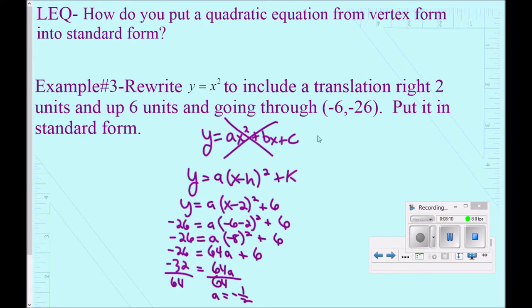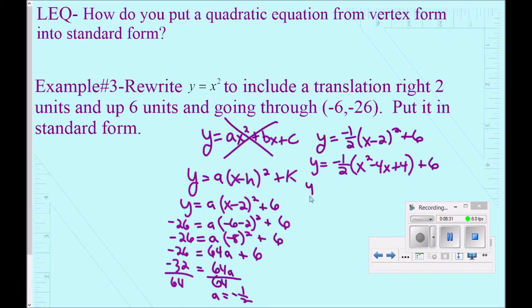So my equation in vertex form is that, but I'm supposed to then put it in standard form. So I'm going to square the binomial. And distribute the -1/2.